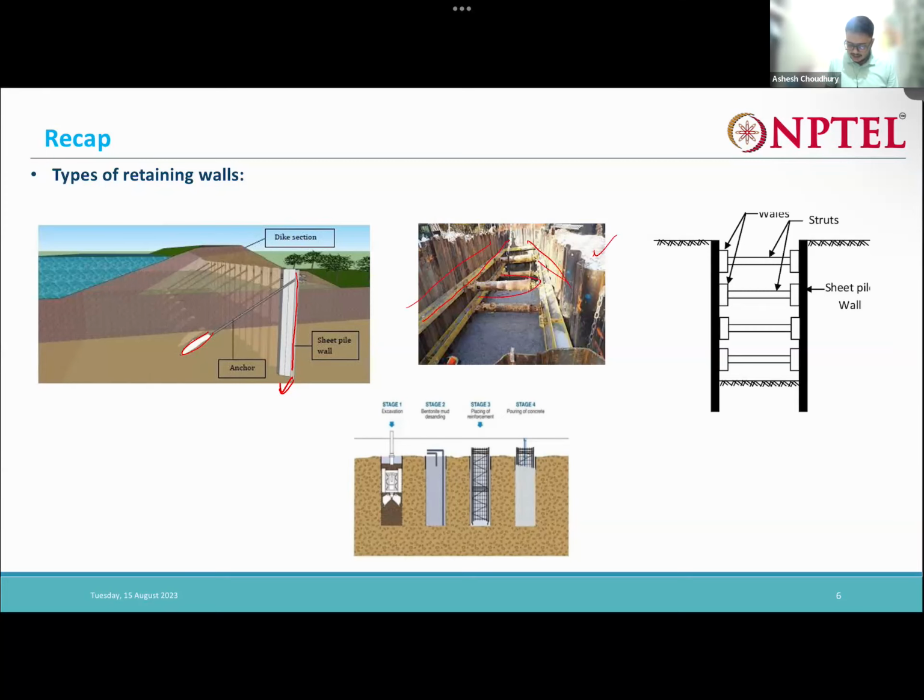These modular blocks are not rigid, right? They can move. So this allows some amount of deformation to take place, because of which fewer strains develop in the wall, and there is a low chance of the facing of the wall collapsing.